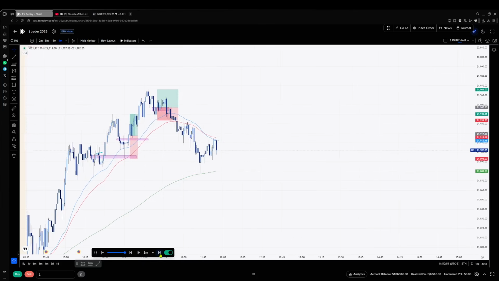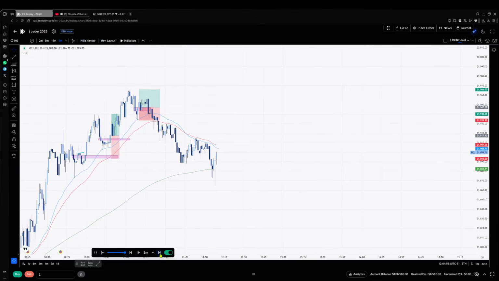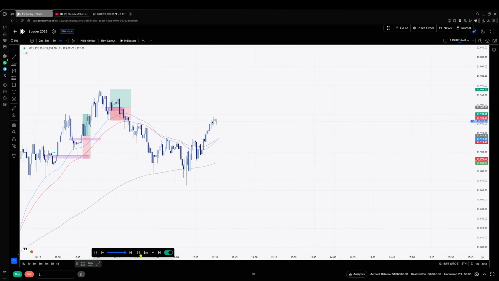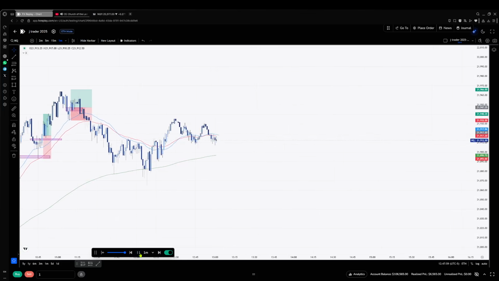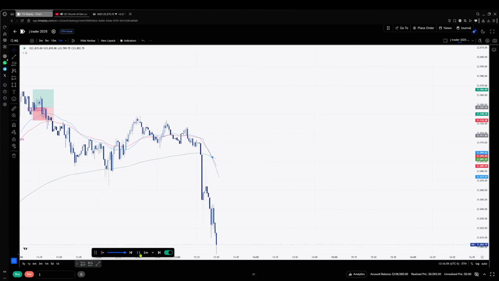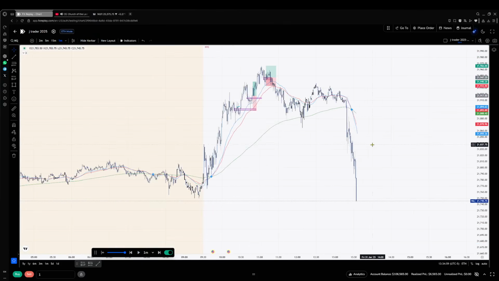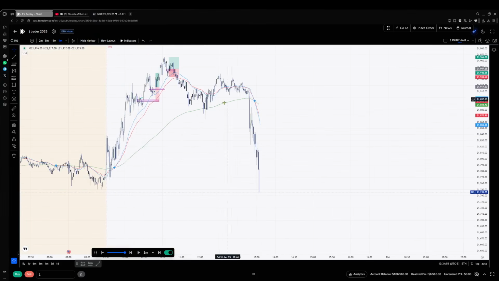If you get a clean reaction, maybe you can look for an opportunity, but look, the EMAs are just starting to tighten, and then price is consolidating. Here I'm not doing anything unless I get a nice new high, or in this case, look, the price just flipped. So we are just following the trend.